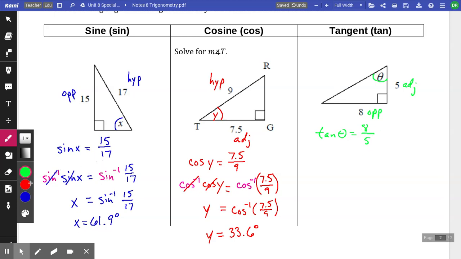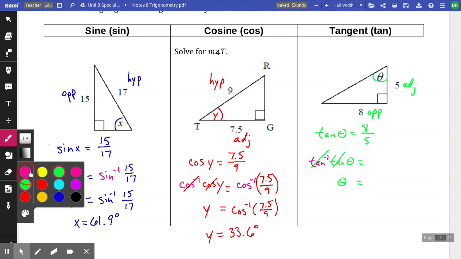And once again, we simply cancel this using the inverse of tangent. So we write the inverse of tangent of theta equals, and again, what happens is the inverse cancels the function, and you just get theta, which is what we wanted.